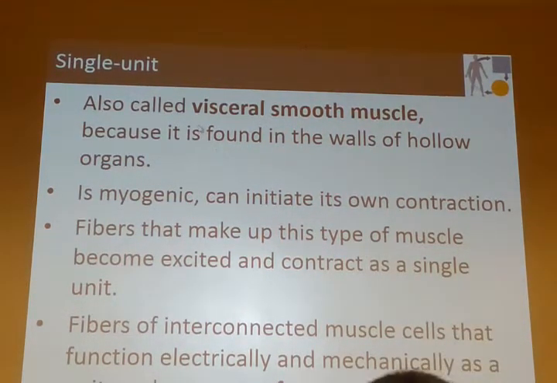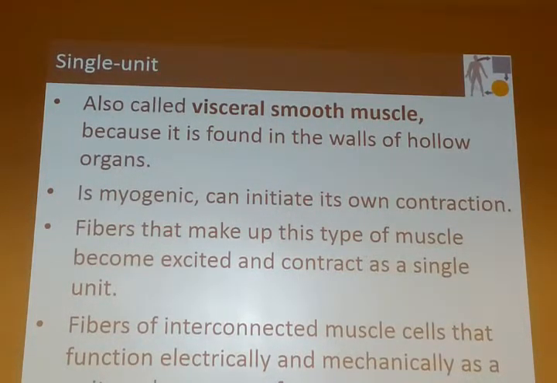So single unit, this is going to be in visceral smooth muscle, so it could be in the heart, it could be in the GI tract, could be in the kidneys. This is responding more to the increase in fluid in the area, so it could be food in your digestive tract, stretch of the muscle cell will open calcium channels and activate contraction.